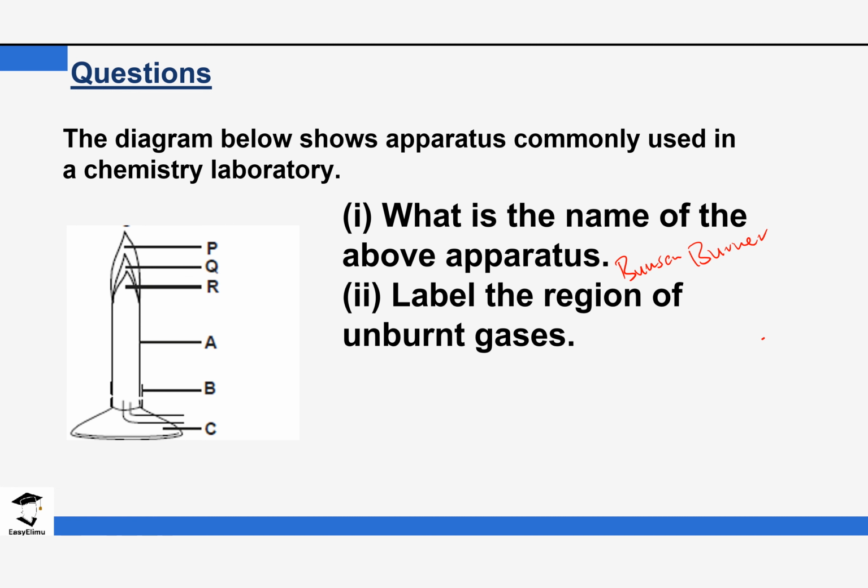We said unburnt gases is in the region called the almost colorless region. And we said the almost colorless region is the one that is below on the flame. So that is going to be region R, which is made of unburnt gases.